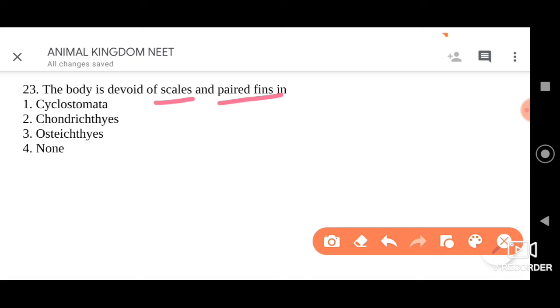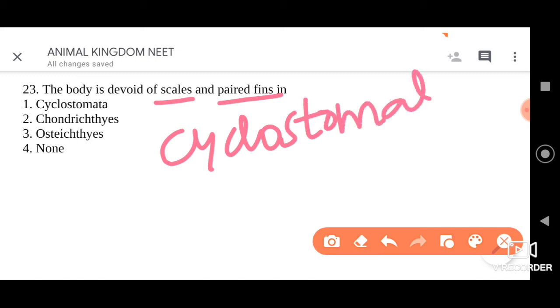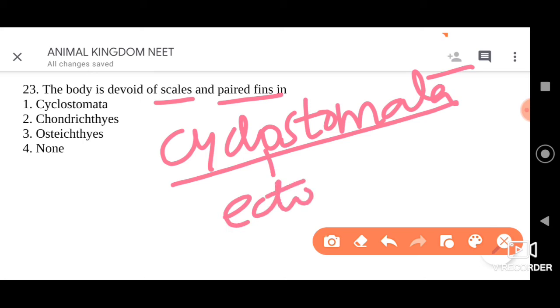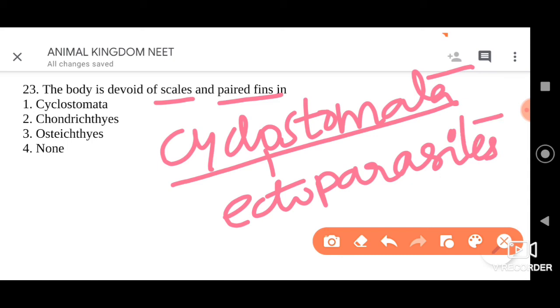Here, dear students, let me tell you that all the living members of class Cyclostomata are ectoparasites. See here, ecto means outside, right?